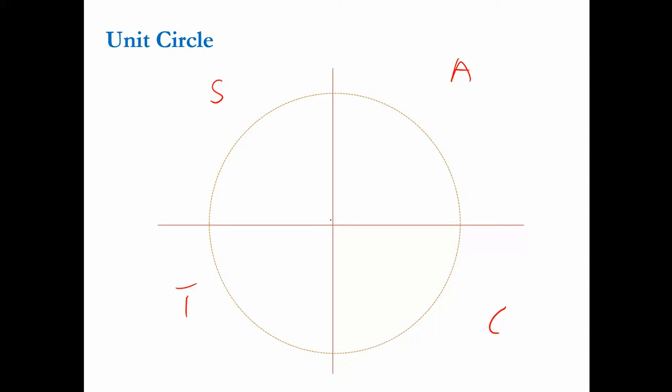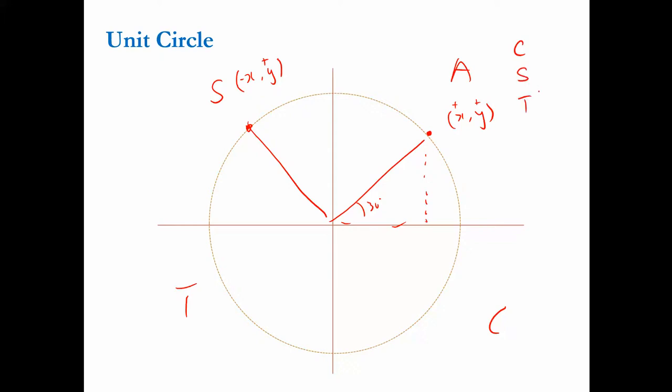You just told me here we had X, Y, both of them were positive. Both X and Y coordinates were positive, true? At 30 degrees. On this side here, you told me that X was negative, but Y was still positive. Now remember, X represents your cos, Y represents your sine, and T, which is your tan, is the gradient.